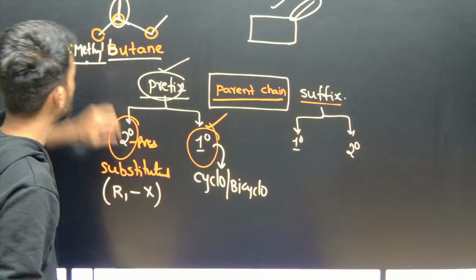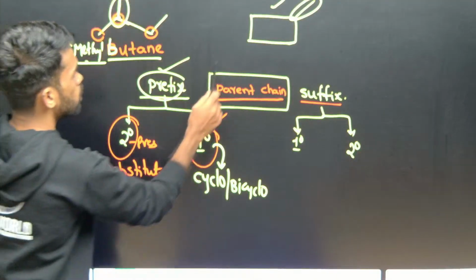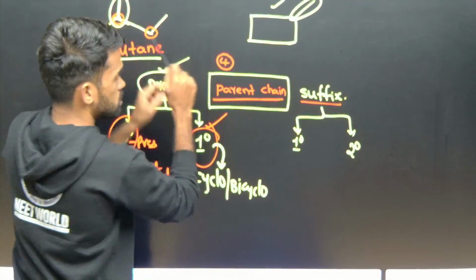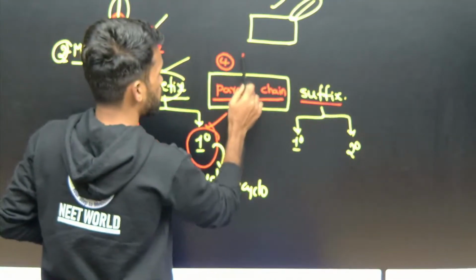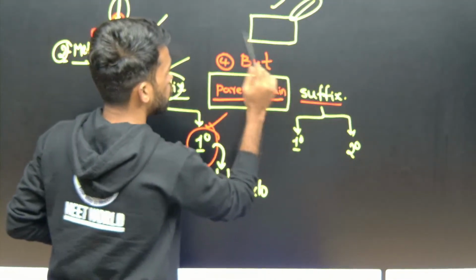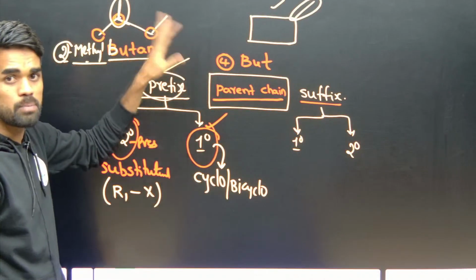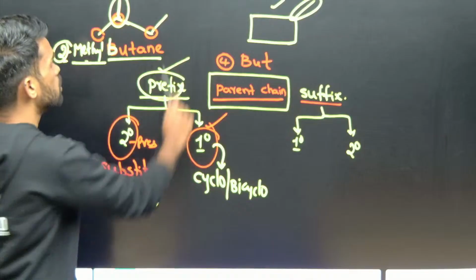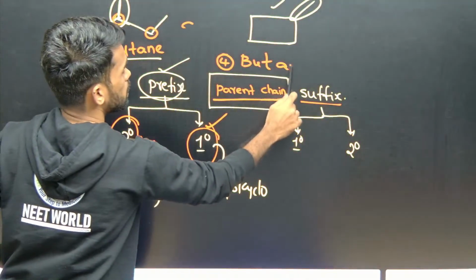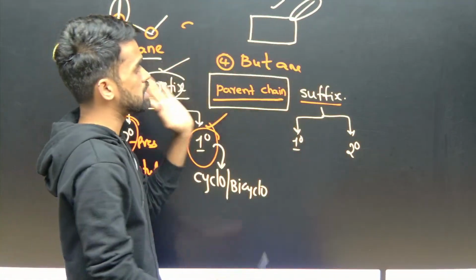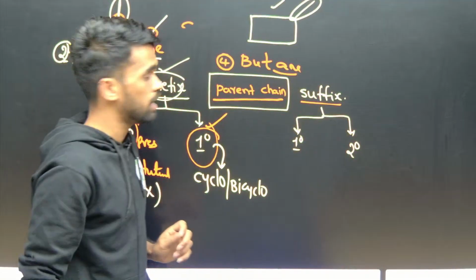How many are there? 1, 2, 3, 4. So 4 carbons are there, which means the parent chain is but. And what about this chain? Do we have any sigma bonds or pi bonds? Only sigma bonds. So ane. So butane. Here also no pi bonds, only sigma bonds, ane. So butane. That's it.